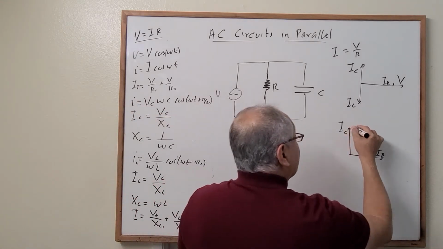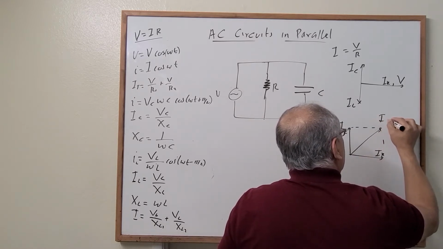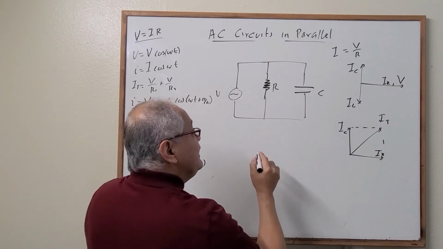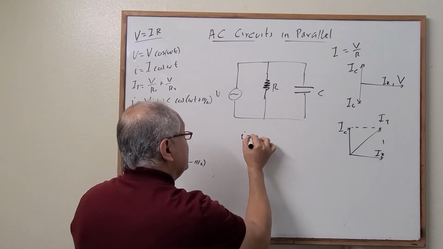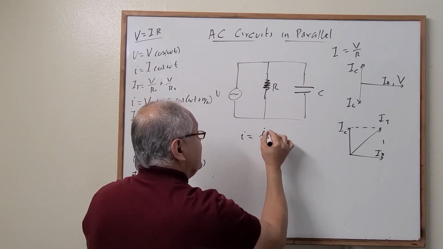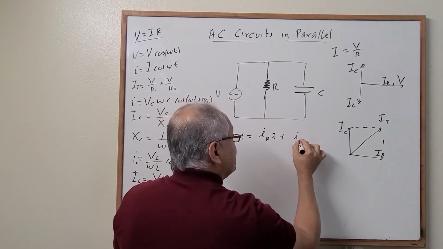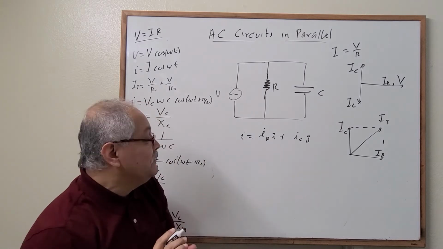Well, the total current is gonna be in this way. And we can represent this quantity one more time using the instantaneous current. This equals the current through the resistor, I hat, plus the current through the capacitor, J hat, using vector notation.